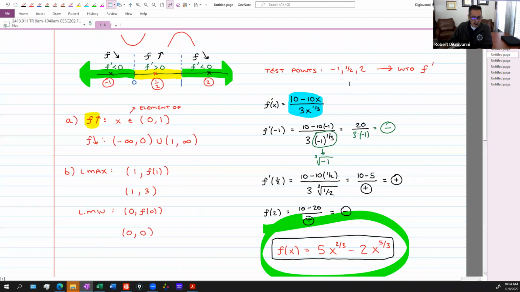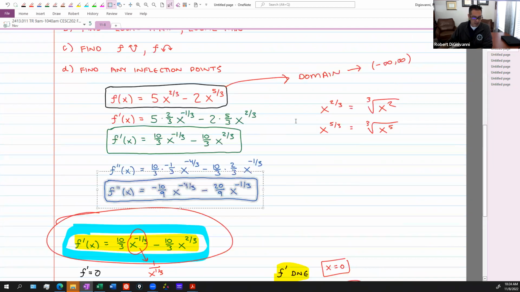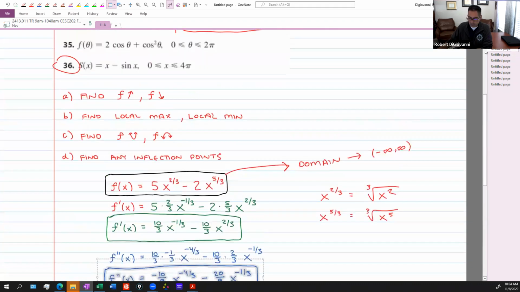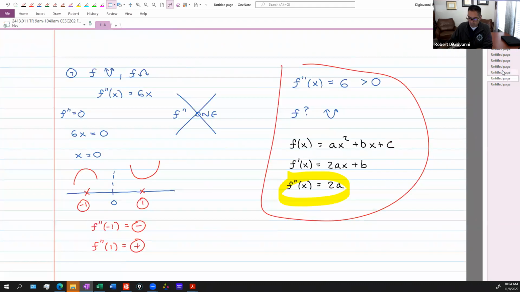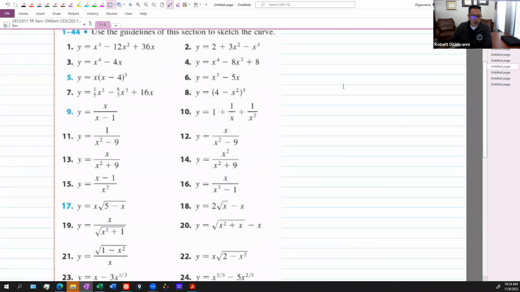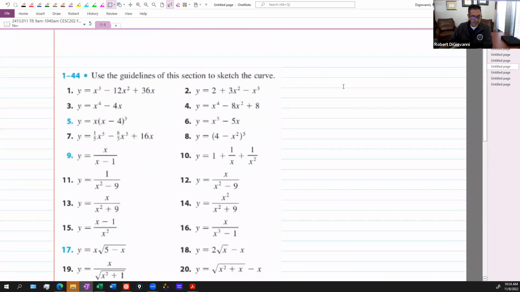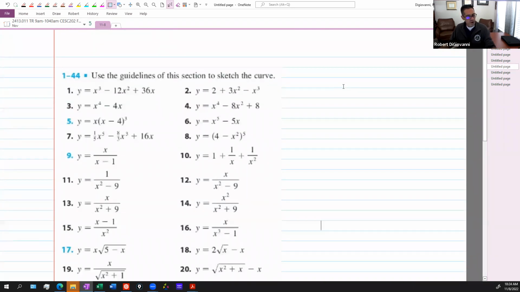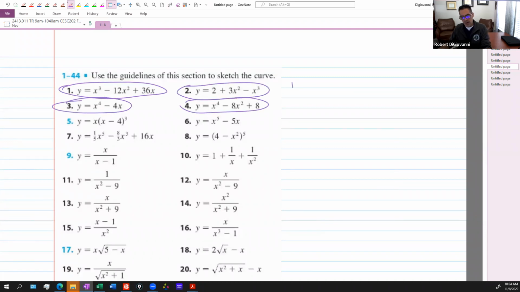A hard function to graph are the problems that come from that section. Like, where are they? These are the problems out of that section, 4.4. So I'd say the first few are straightforward because they're all polynomials. Those are all like happy zone, you know? Yeah, even this one's good. These aren't that bad as well.